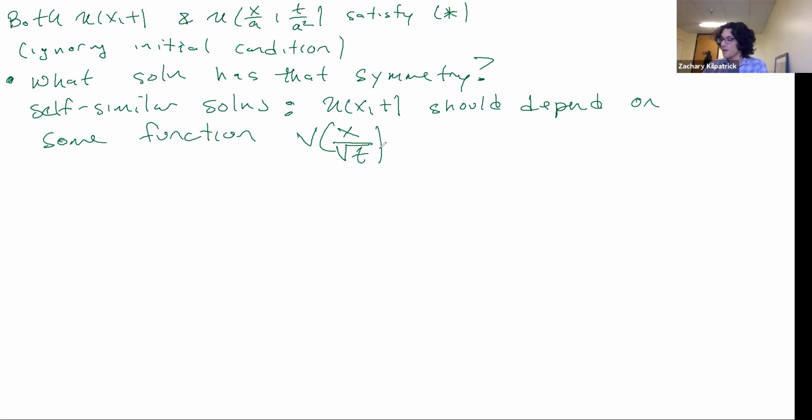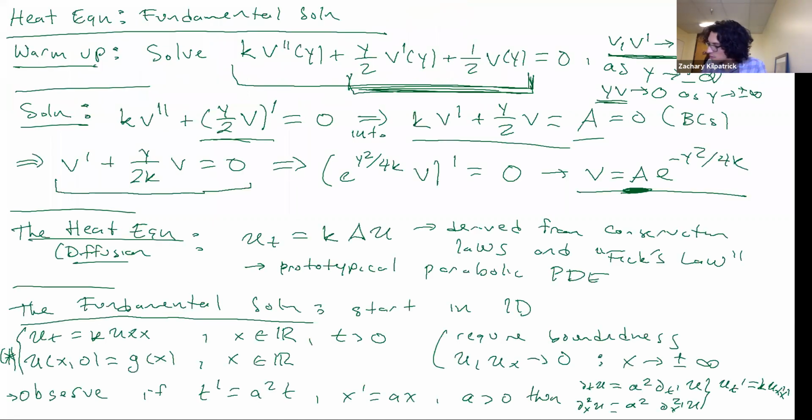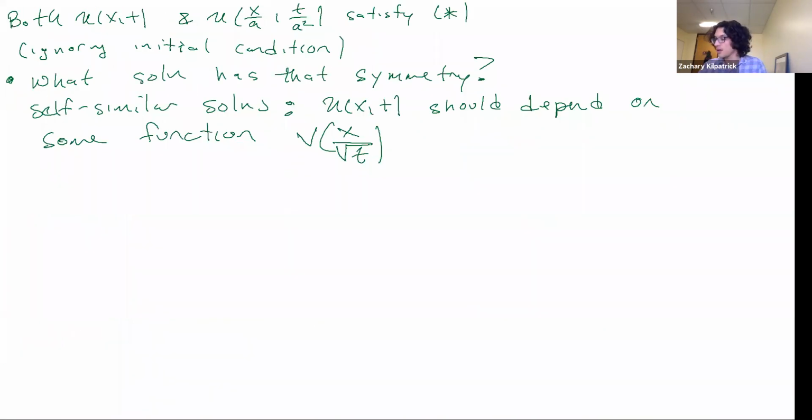Why that? Well, if we go back here, remember that we said that we should be able to scale x by a, and we should be able to scale t by a squared. Self-similarity tells us that if we want those scalings to cancel out, then our functions need to be of this particular argument.